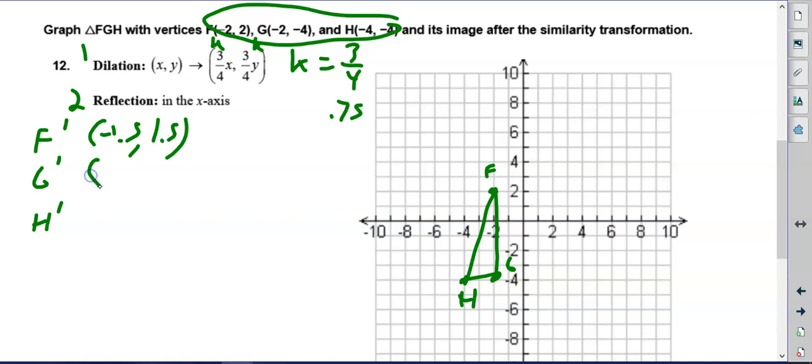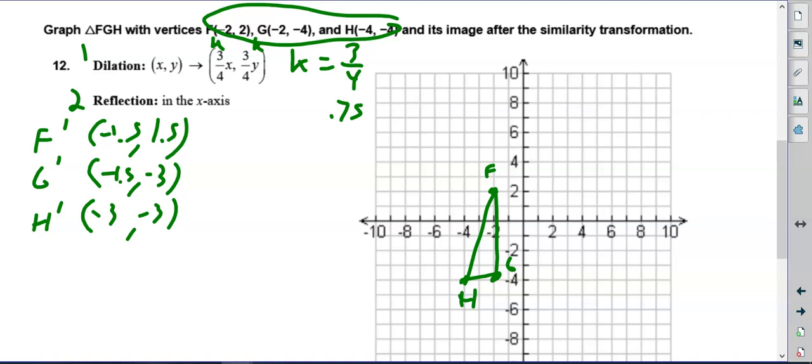Again, negative 2 is going to give you negative 1.5 again. And negative 4 times 0.75 is going to give you negative 3. And H prime, we just said what negative 4 was, so that's going to be negative 3, negative 3.